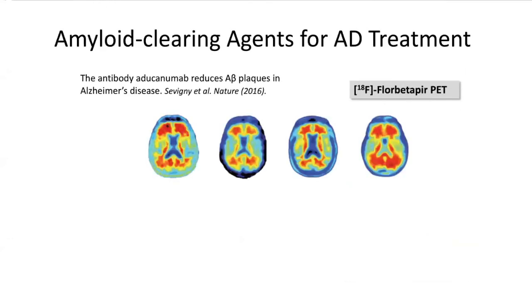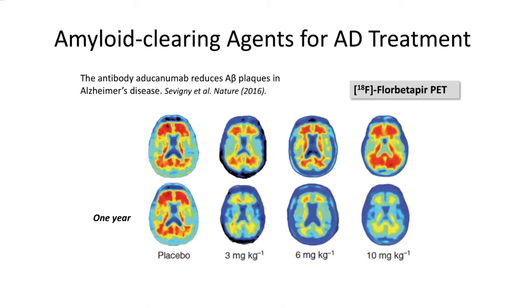The other reason it's important is because we do have agents now that we can inject into patients that can go in and remove amyloid plaques. And this is an example of a study with the monoclonal antibody aducanumab, which some of you may be familiar with from the recent gyrations in the Biogen stock price, which has been under FDA review currently.